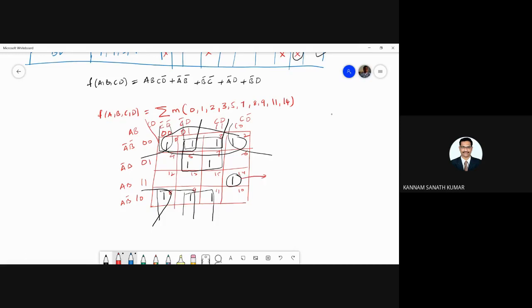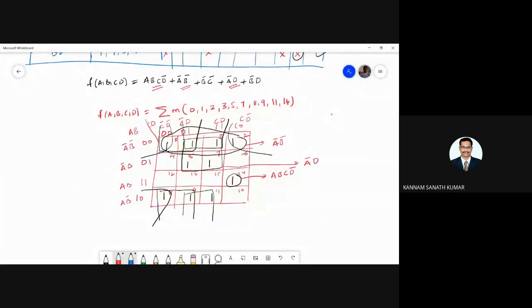So if you see for this one, this is equal to a b c d bar. You got this expression, no? A b c d bar. Okay, and next this is a bar b bar. You got this expression. And next, if you see this one, a bar is common, and seeing horizontally, a bar d. You got this expression.